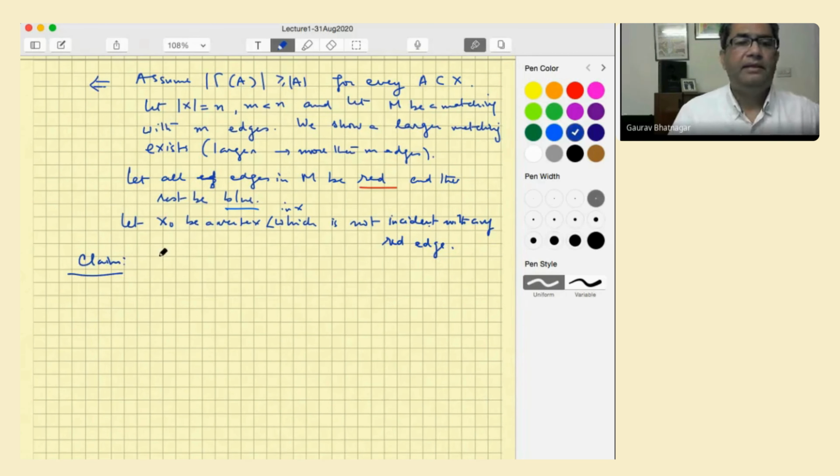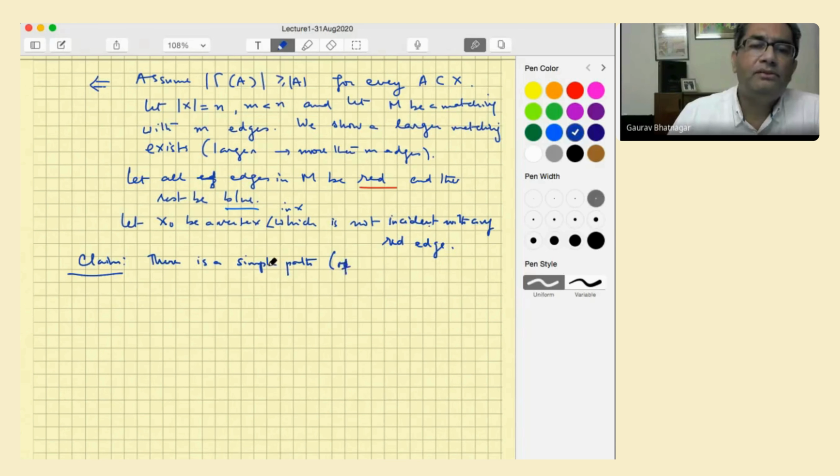And the claim is there is a simple path, of odd length. Simple means no repeated edges. There's a path of odd length.